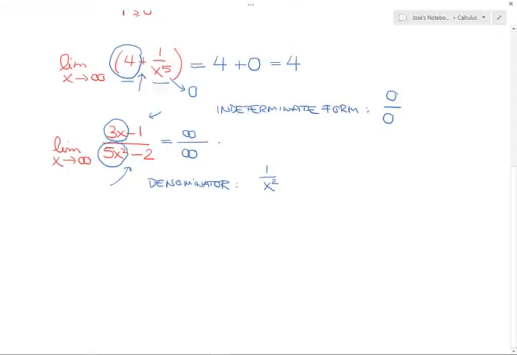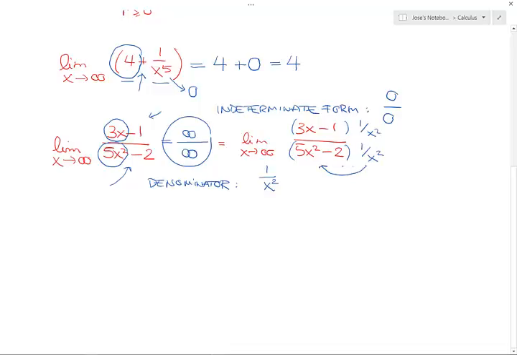So the original problem was the limit when x goes to infinity of 3x minus 1 over 5x squared minus 2. Once I have decided that I have an indeterminate form, I'm going to multiply the numerator and the denominator by the reciprocal of the largest power, always of the denominator, in this case 1 over x squared.